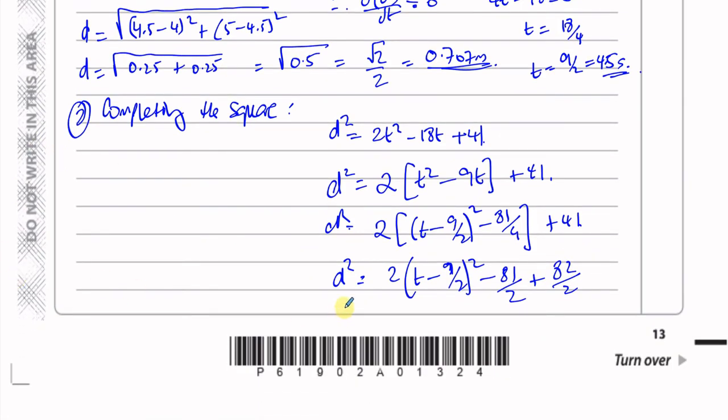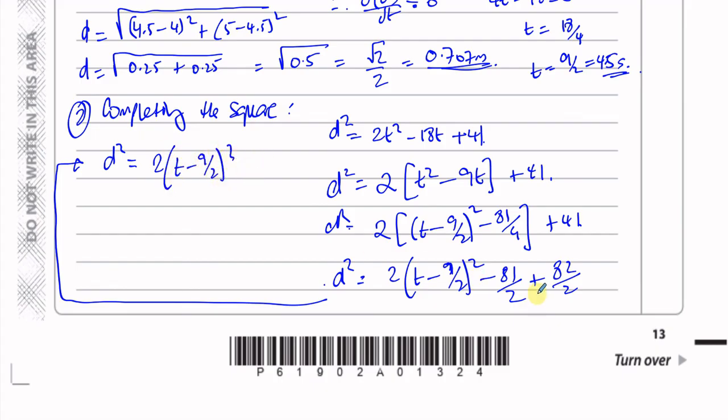I'll just continue over here. That gives me d squared equals 2 times t minus 9 over 2 squared. Now that's going to give me plus a half, because minus 81 plus 82 is 1, so plus a half.